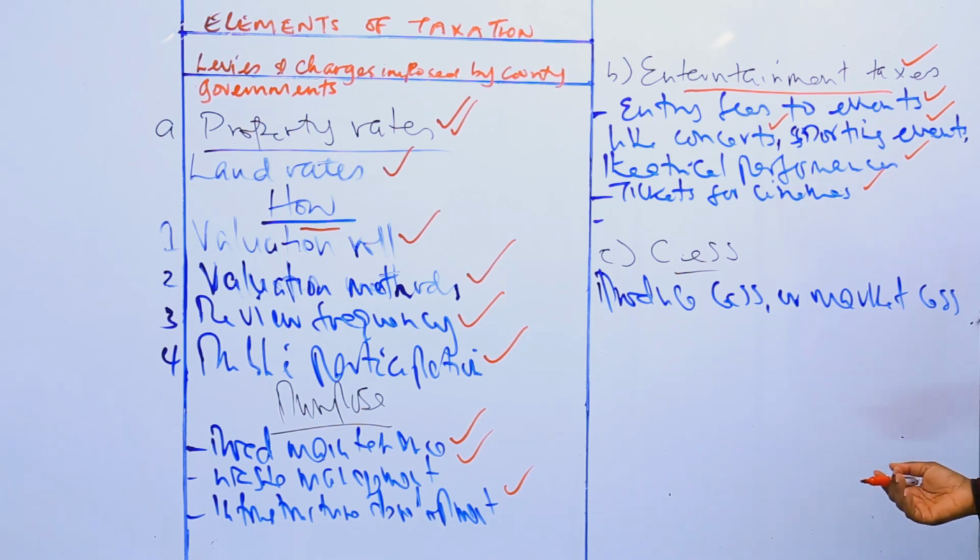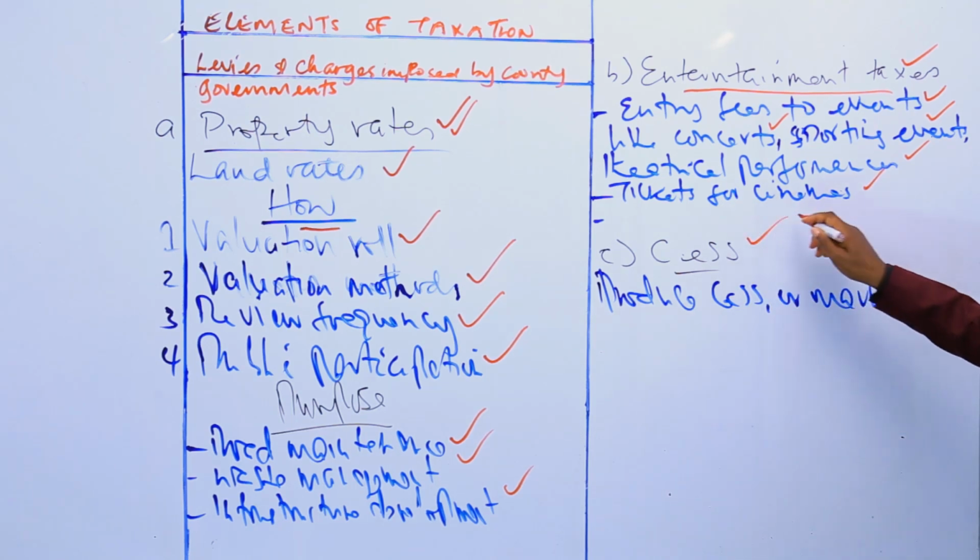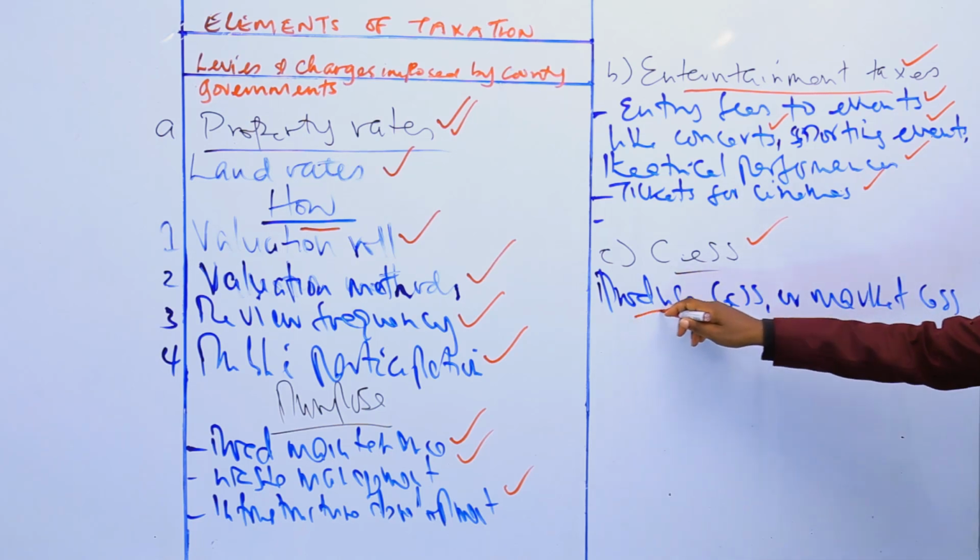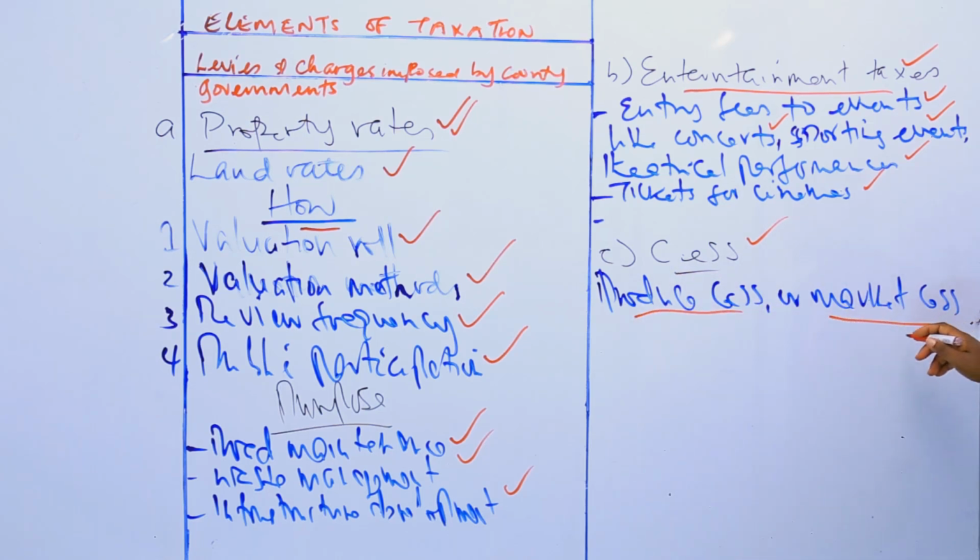So that's all, candidates. We went ahead to discuss cess, which is also known as produce cess or market cess, another form of tax or levy imposed by county governments on tradable commodities, particularly agricultural and fishing products, when they are produced, supplied for commercial purposes or transported across county borders.